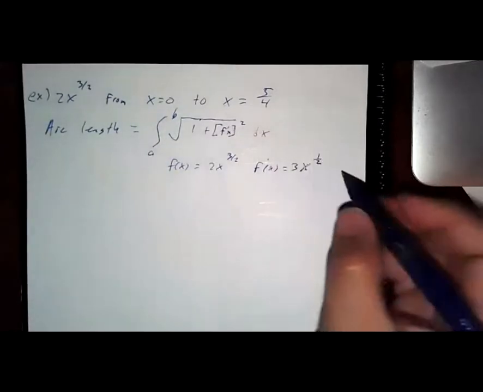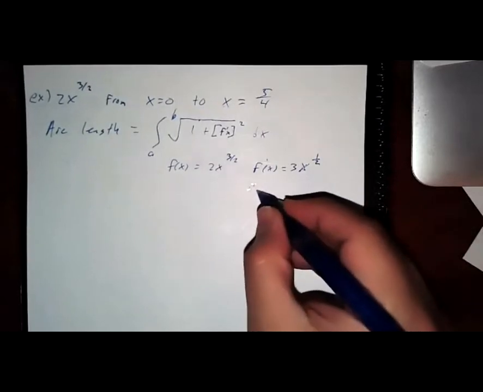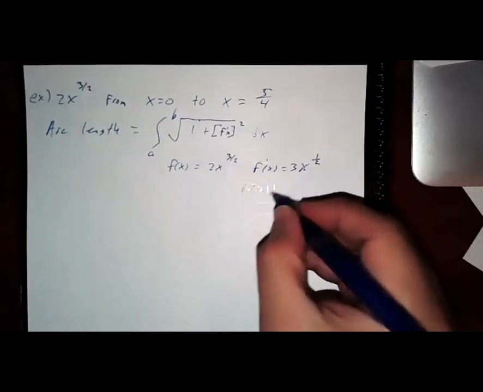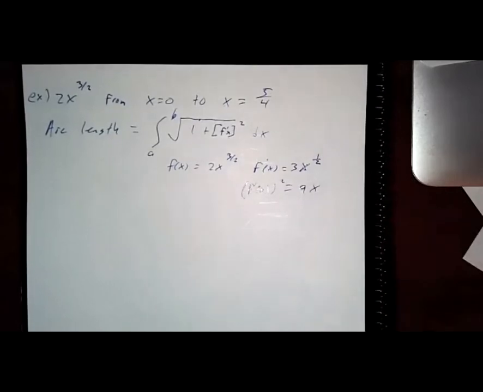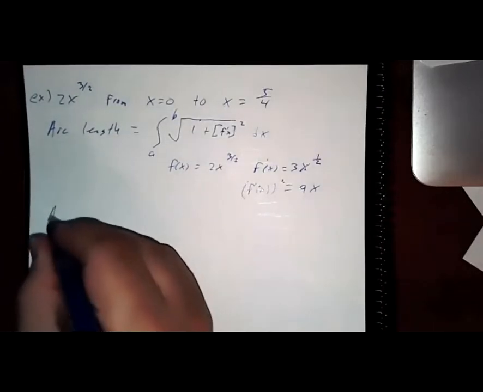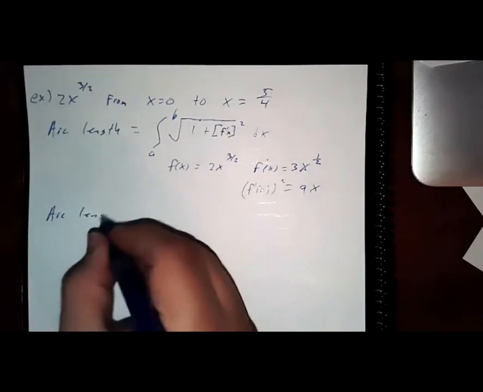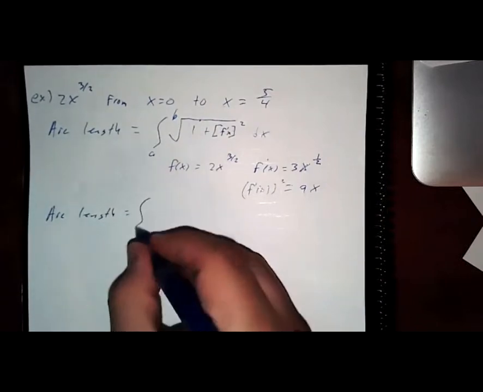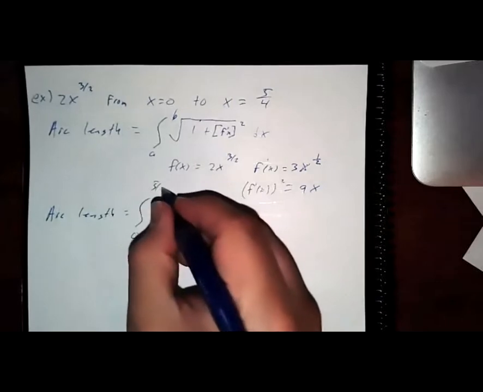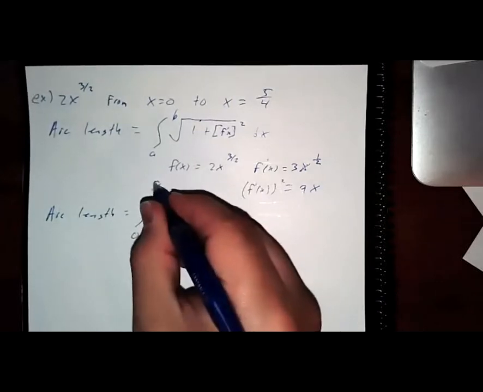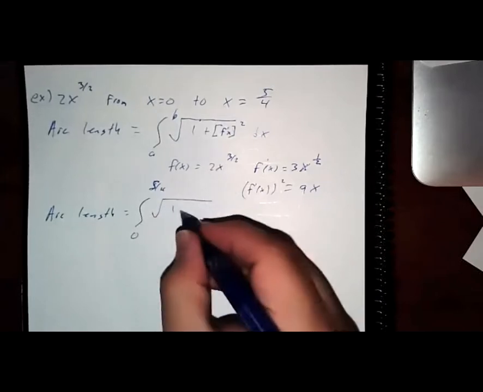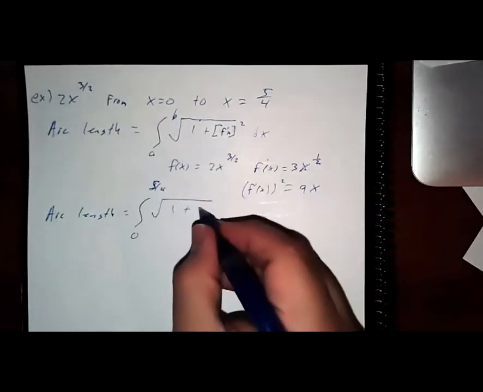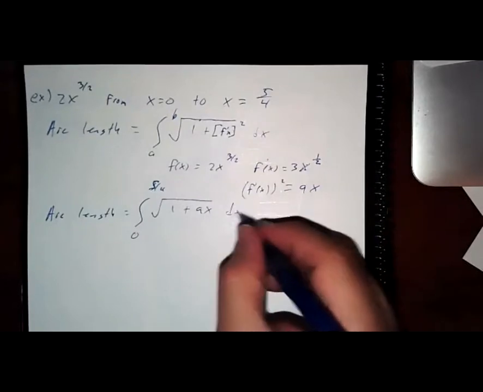So squaring that would give us 9x, right? So arc length would be the integral from 0 to 5/4, it's an ugly 5, of the square root of 1 plus 9x dx.